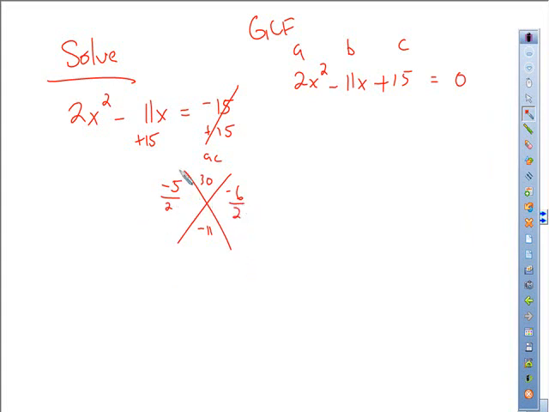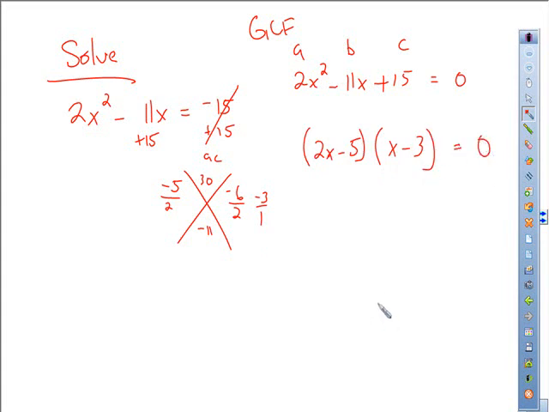You cannot reduce this fraction, so go ahead and leave it like that. This one we can reduce, so this would reduce to negative 3 over 1. So our factors are going to be 2x minus 5 and x minus 3 is equal to 0.